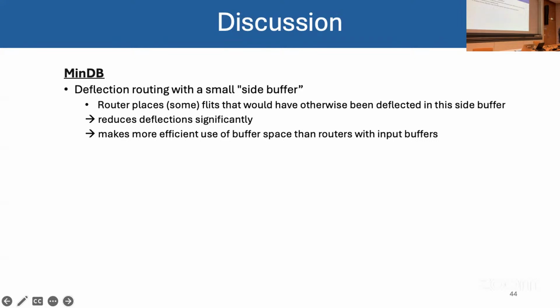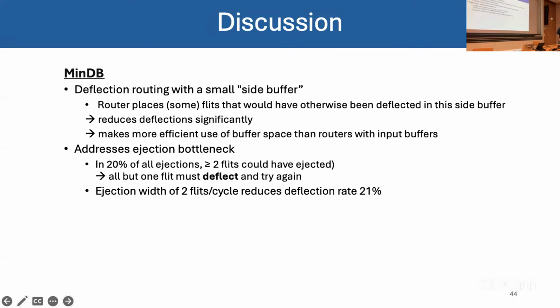If, for example, two flits would get deflected in the same cycle, and we could buffer both of those flits, then that would mean we would have a buffer for every output port, and we would have lots of buffer space. So as I said, there's just a small side buffer, just one, so we can only buffer one flit per cycle. But that's the general idea.